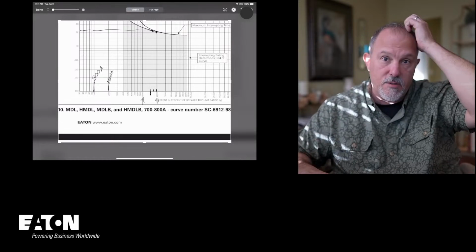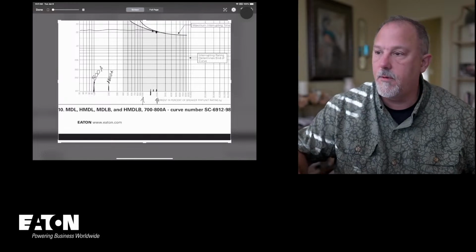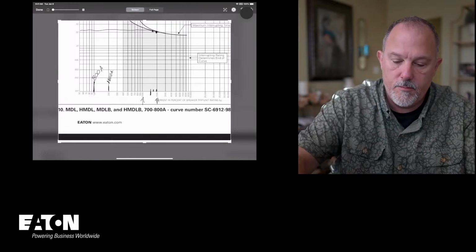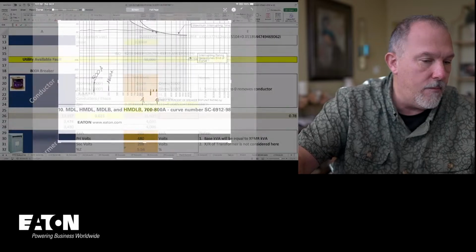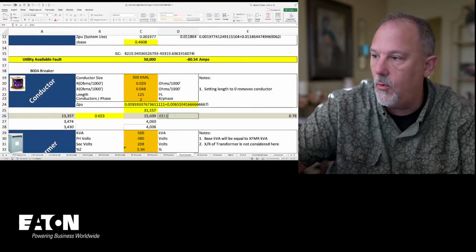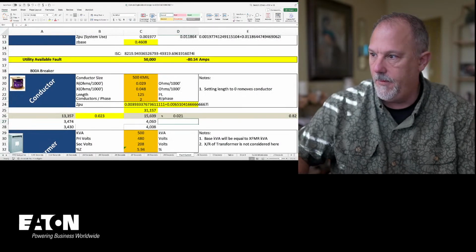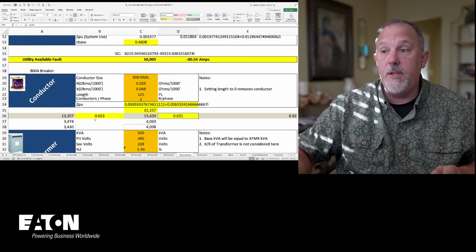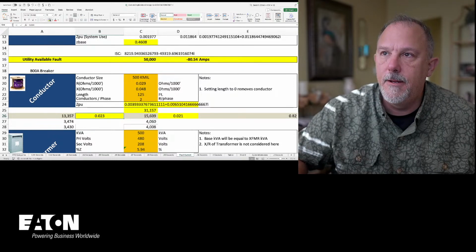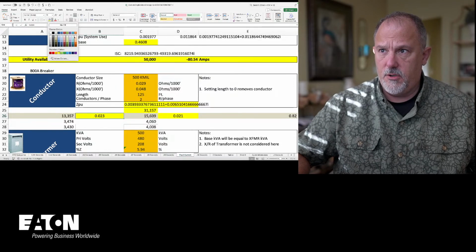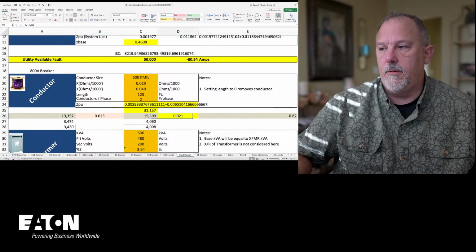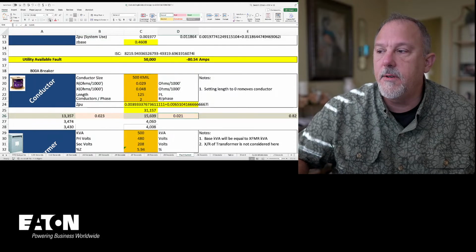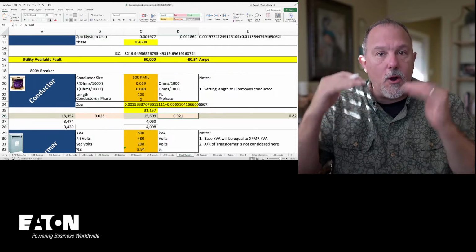I'm just going to say it's 0.021 for giggles. And I'm going to highlight that clearing time right there. All right, so I'm going to make those like an orangey color, right? So those are my two clearing times for my two arcing currents.